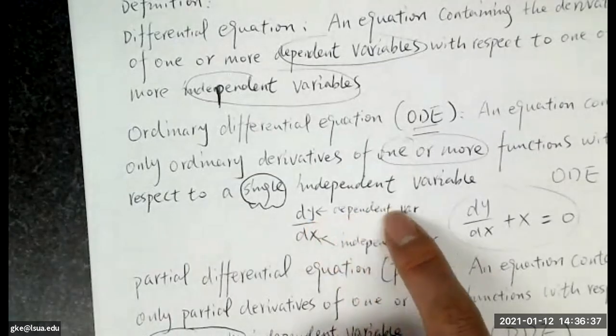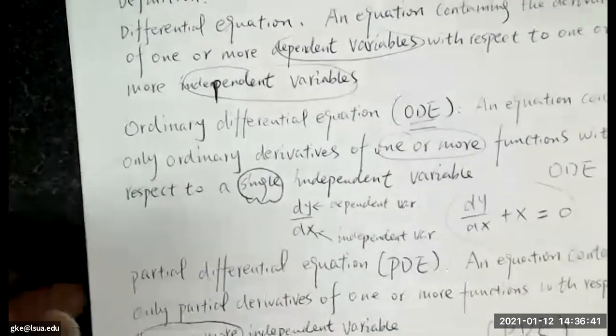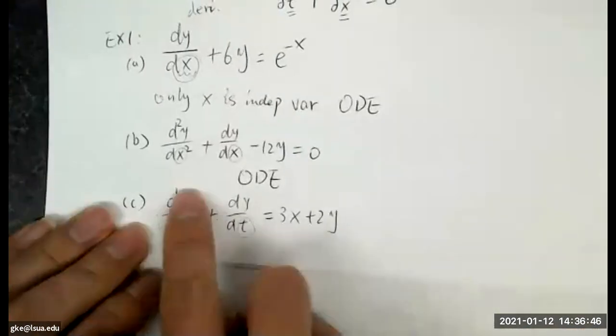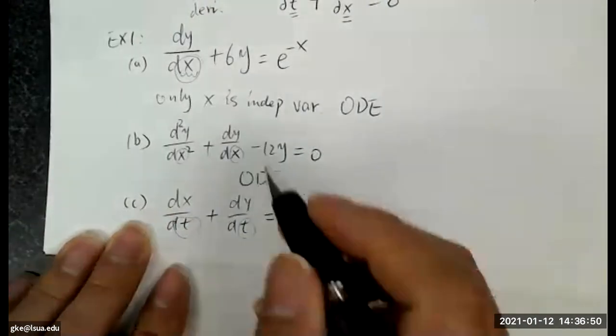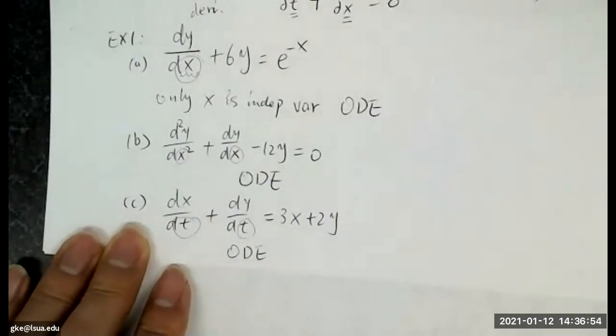In the numerator, we count it as the dependent variable. So it's very clear that in the denominator we have only one variable t, so that is an ODE. Is that clear?